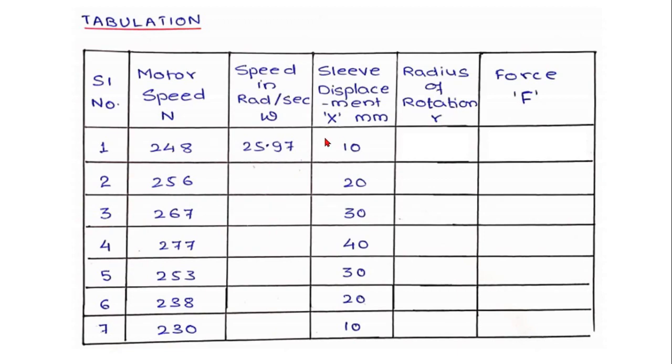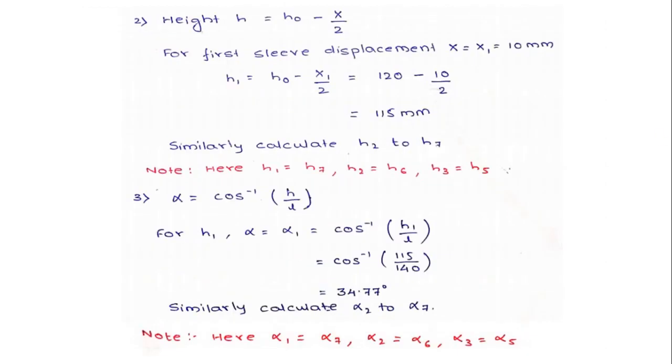Now we shall see how to determine the radius of rotation r. To determine r, we need the alpha value, and to determine alpha, we need the h value. So first we shall see how to determine h, then alpha, and then the radius of rotation r. Here h is given by the equation h0 minus x by 2. For the first sleeve displacement, x is equal to x1, which is 10 mm.